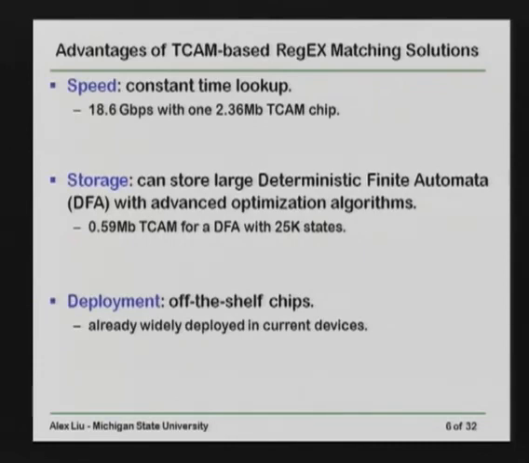Typically, the algorithm for regular expression matching converts the regular expression set to a DFA, and then processes based on the DFA. This requires many optimization algorithms to achieve this goal. In our experiments, we can use 0.56 megabits of TCAM to store a DFA with 25,000 states.